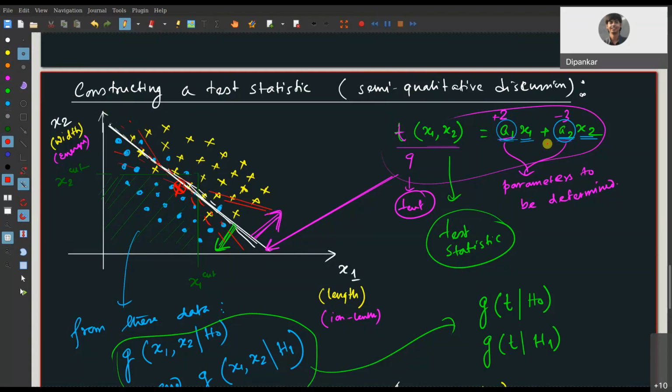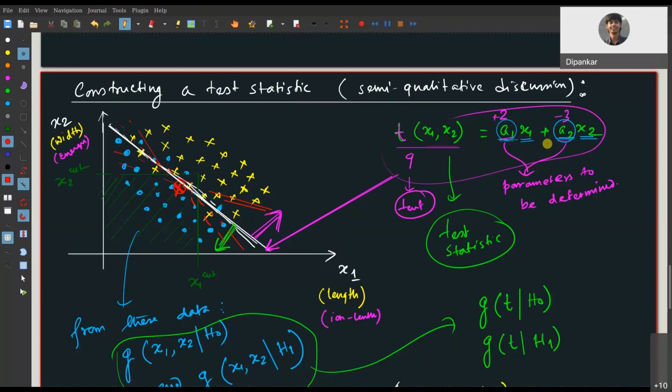First you decide what is the optimal orientation of the straight line so that your data, so that your hypotheses, are well separated. Now I am moving towards constructing a test statistic.